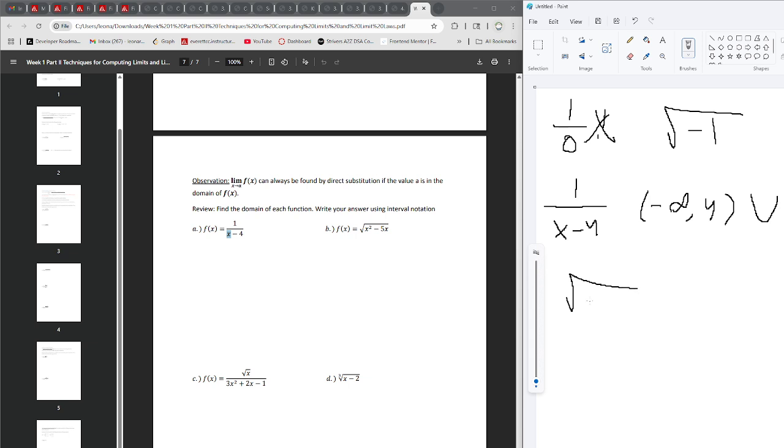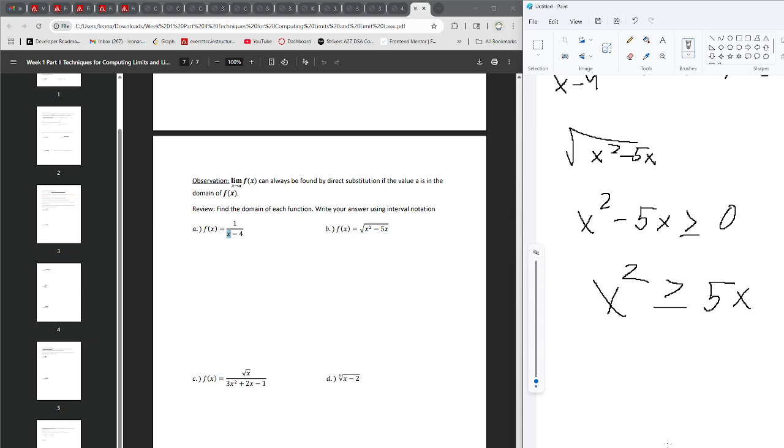For the square root of x squared minus 5x, we need to make sure x squared minus 5x is greater than or equal to 0. Or I guess in math it'd be this. So x squared is greater than or equal to 5x.